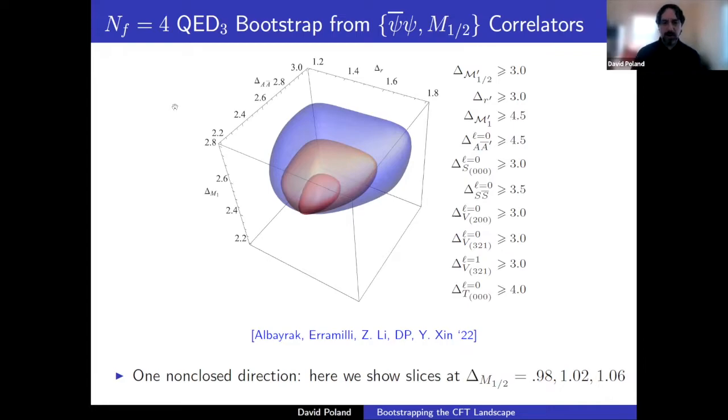In this mixed correlator system, something you can do is include that as another axis in your island, the dimension of the AA bar operator. And if you fix the scaling dimension of M1/2 to be somewhere close to its large N estimate, say 1.02, then you get some island in delta AA bar space, delta M1 space, and delta R space.